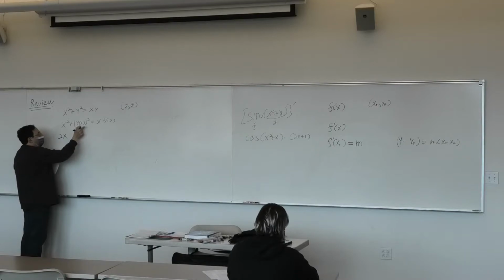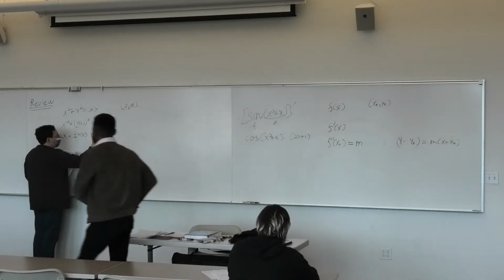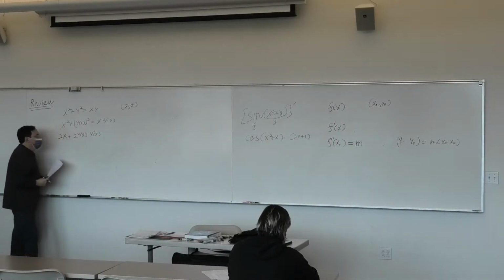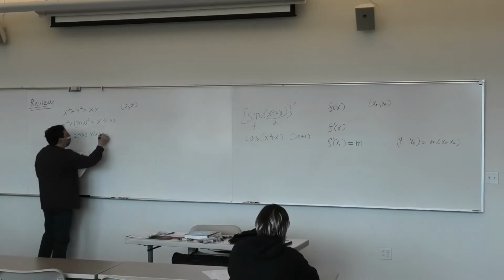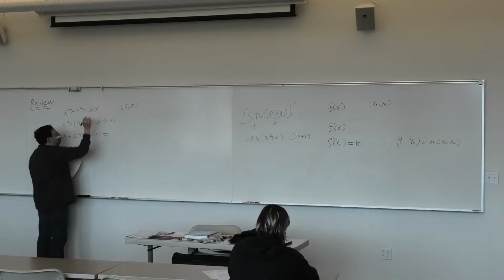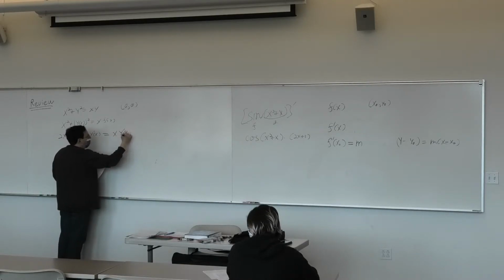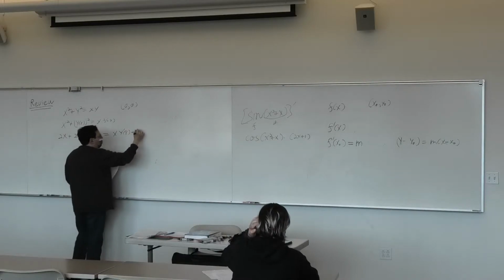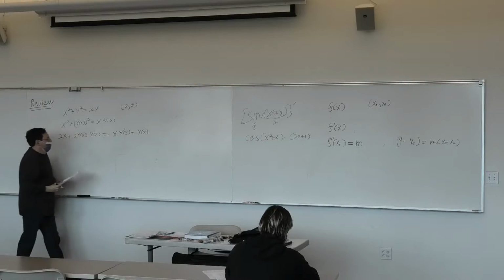Derivative of y squared is going to be 2y of x times the derivative of y. That's the chain rule. On this side, I'm going to have to use the product rule, x times derivative of y plus y times derivative of x, plus 1.